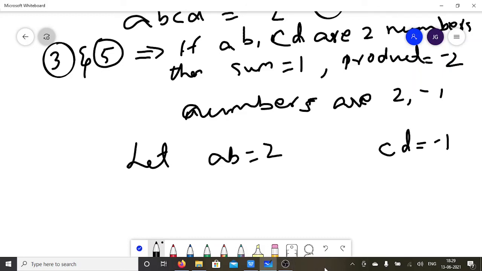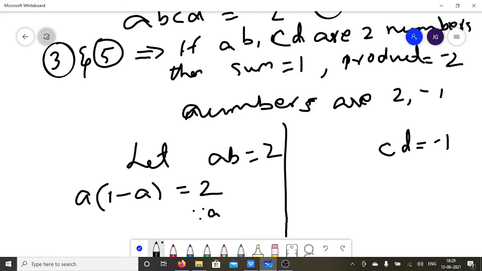So AB equal to 2. We have A plus B equal to 1, so B is equal to 1 minus A. AB equal to 2 means A into 1 minus A equal to 2.